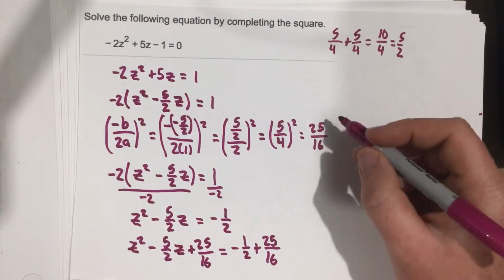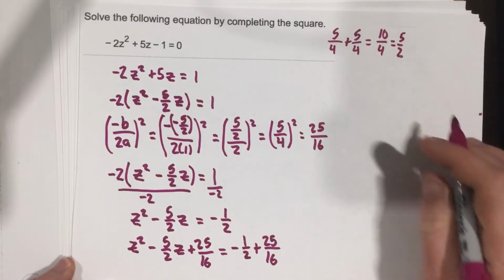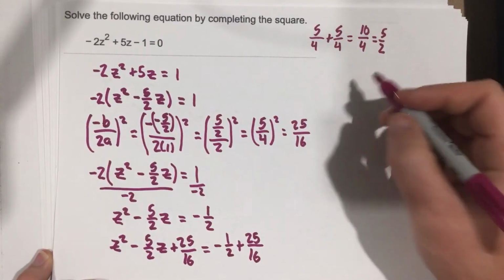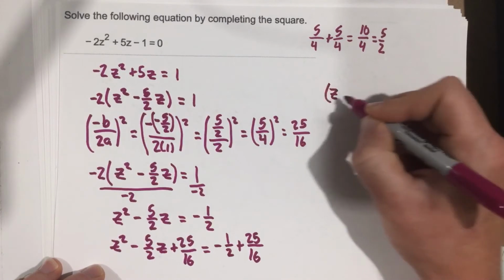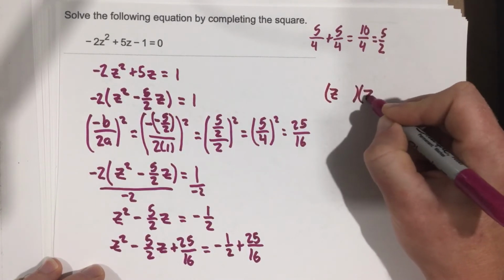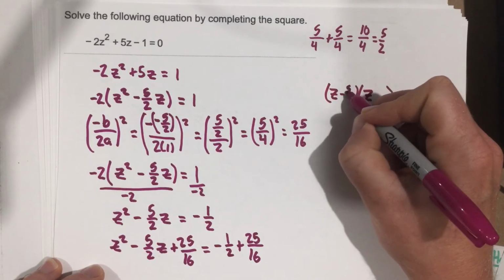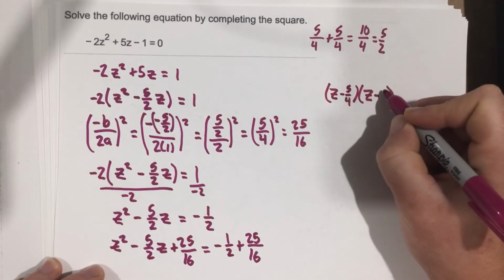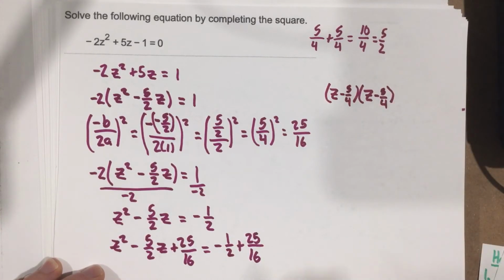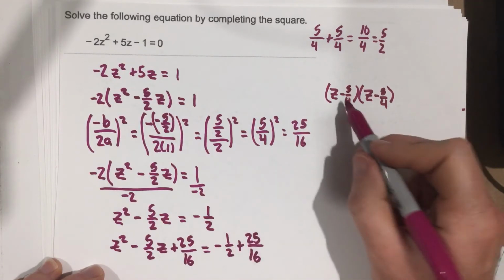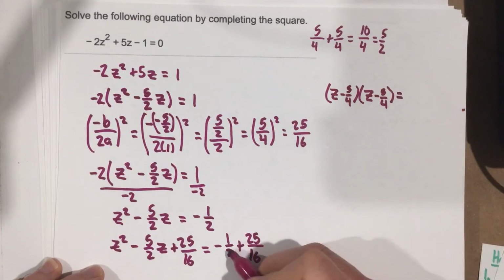So right here, let's factor this out. Let's slide over just a little bit. We're going to factor this out, and we're going to say that this would be z minus 5 over 4, z minus 5 over 4. So this factors down to this. And it equals, let's go ahead and add these together.